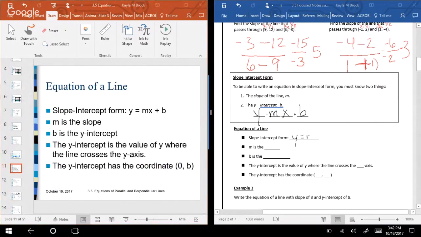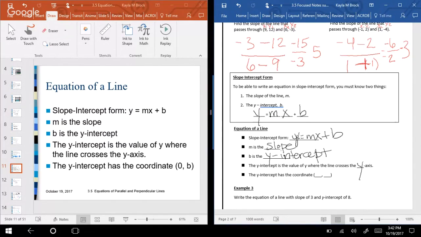Slope-intercept form is y equals mx plus b. m is the slope, b is the y-intercept. The y-intercept is the value of y where the line crosses the y-axis. The y-intercept has the coordinate (0, b). So the y-intercept is when x equals 0.